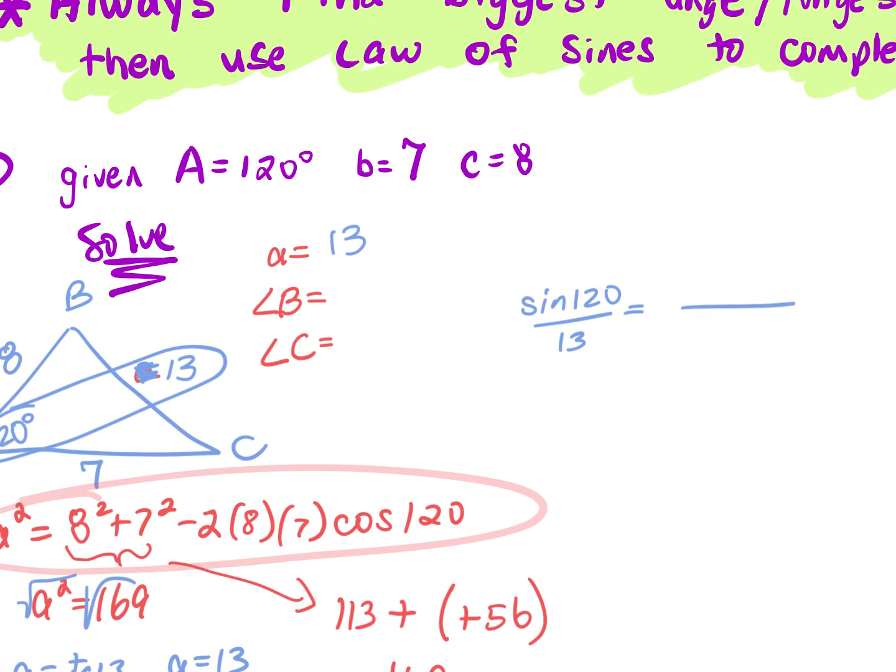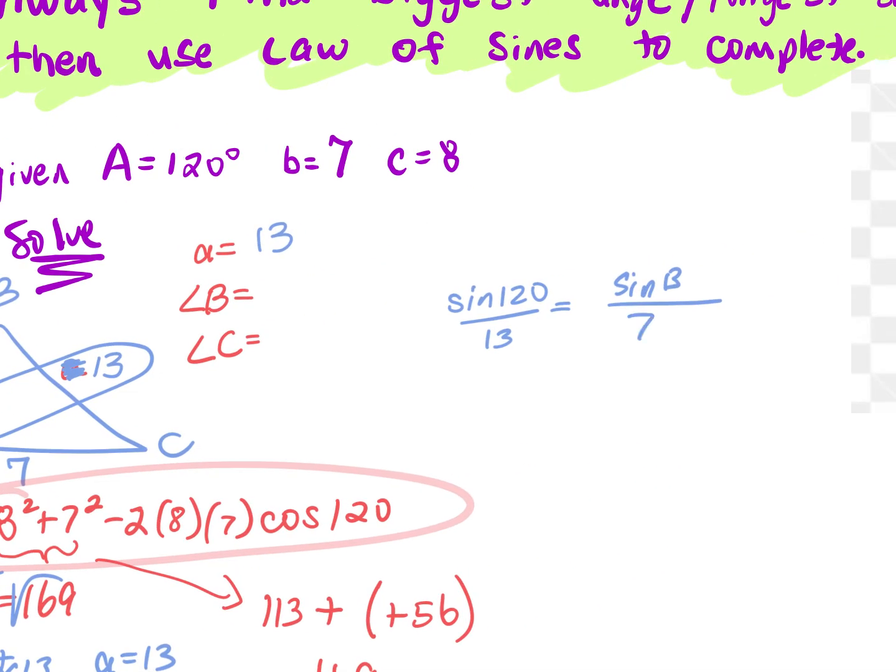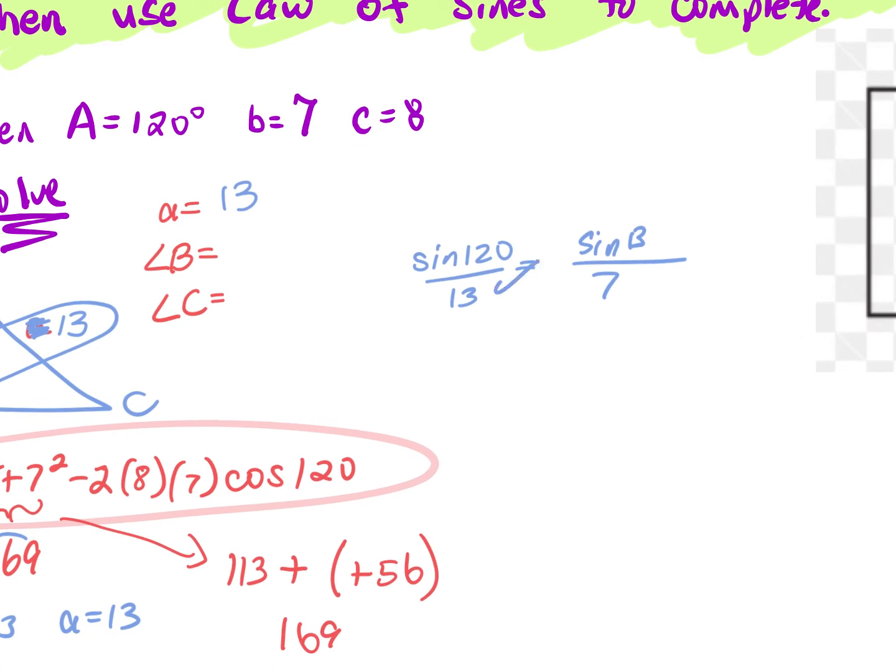B. So sine B over, how long is side B? 7. Now we cross multiply. So 13 times the sine of B equals 7 times the sine of 120. Divide both sides by 13, and you get the sine of B equals, in your calculator, 7 times sine 120 divided by 13. You get 0.46632, something like that.